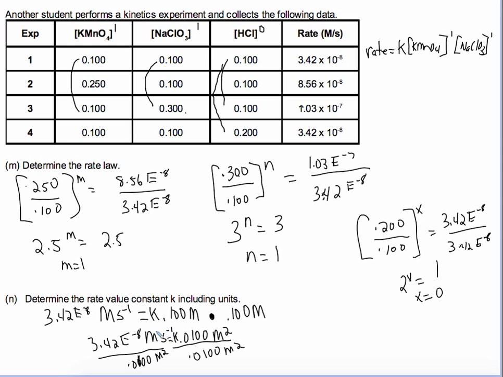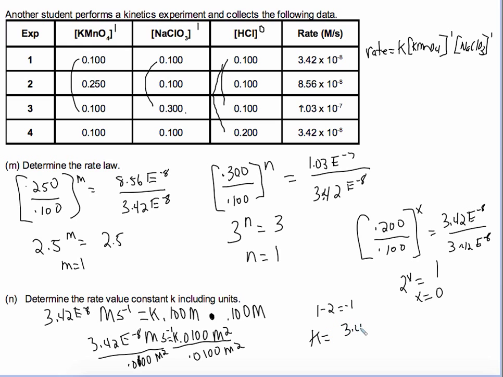Remember, you subtract exponents, so a molarity minus a molarity to the second power, basically you got 1 minus 2 equals negative 1.